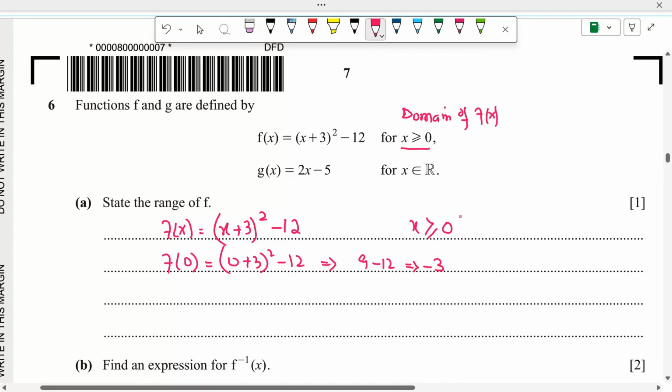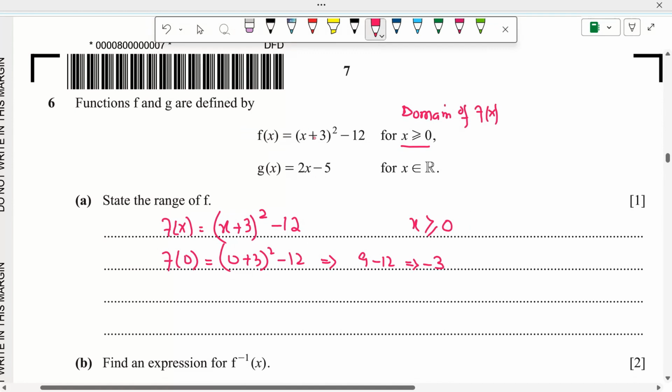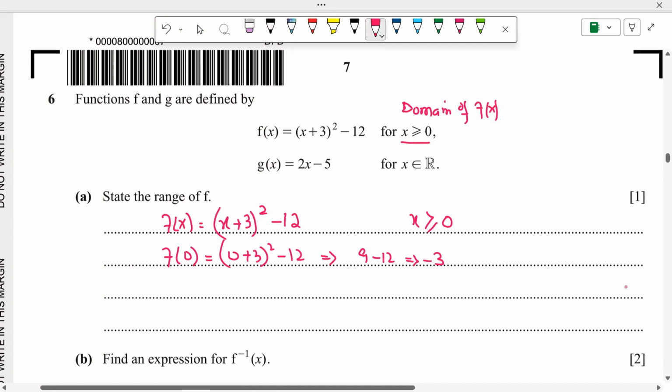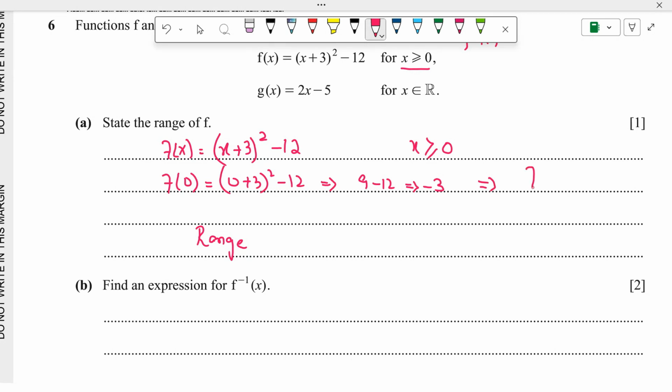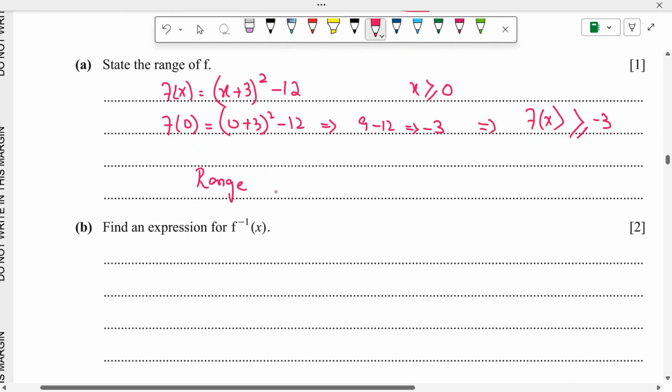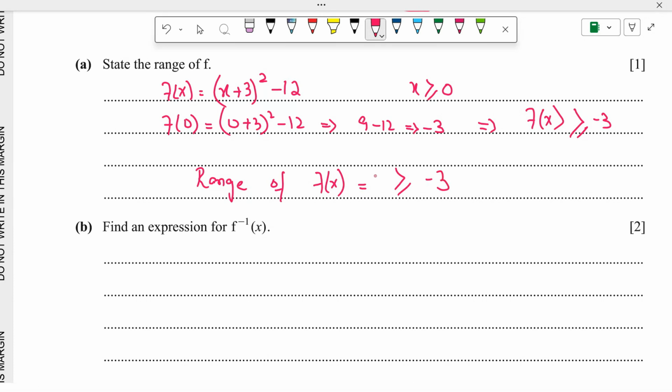When we increase the value of x, this value will also increase. So the range of f of x is f of x greater than or equal to negative 3.